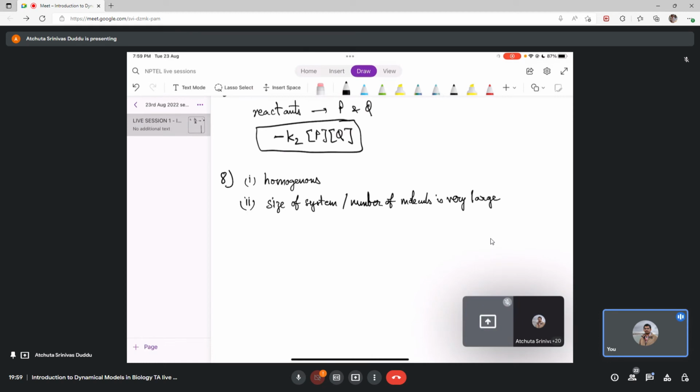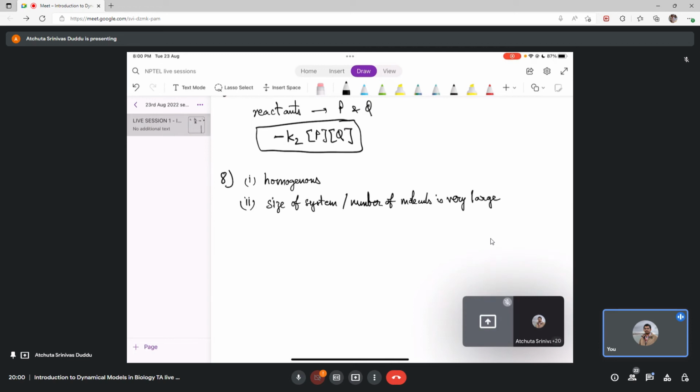Let's say we are looking at any scenario where we are trying to model the concentration of one particular protein. Let's say there are a limited number of proteins, only 15. Then it would make a difference if one, two or three of the proteins are sequestered away or degraded. It would make a difference.